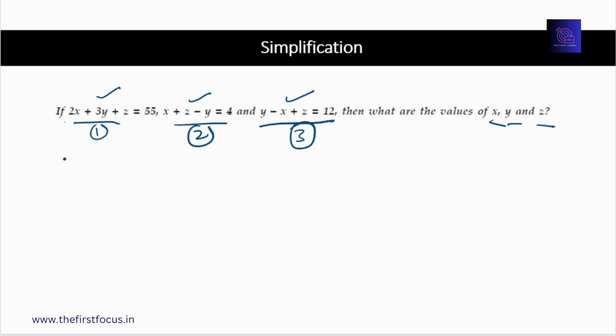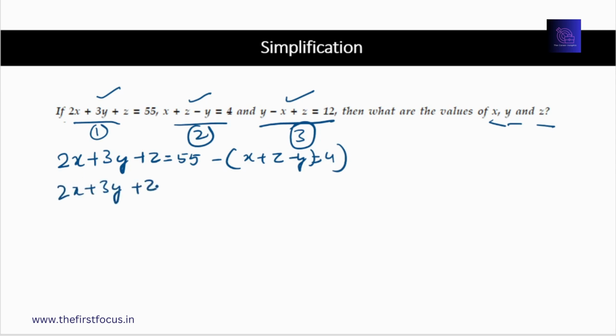So my first step is, I'm going to subtract equation 2 from equation 1. So I'm going to write 2x plus 3y plus z is equal to 55, minus x plus z minus y is equal to 4. So that is 2x plus 3y plus z minus x minus z plus y is equal to 55 minus 4.